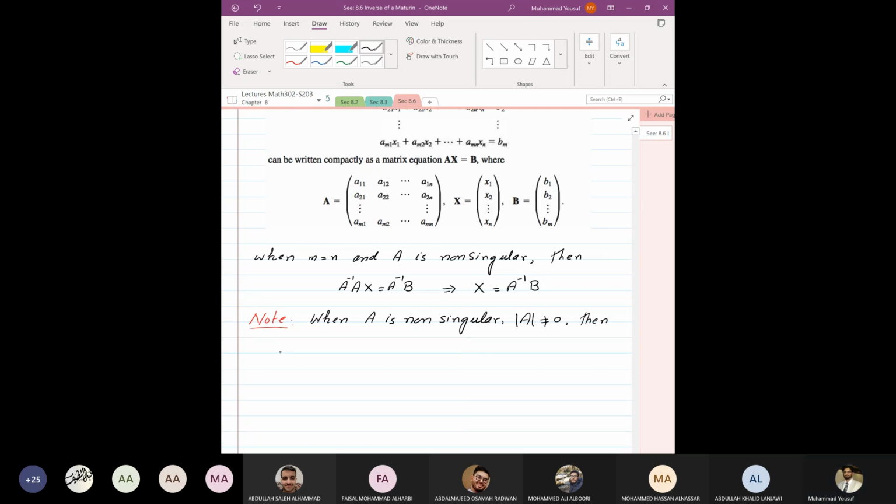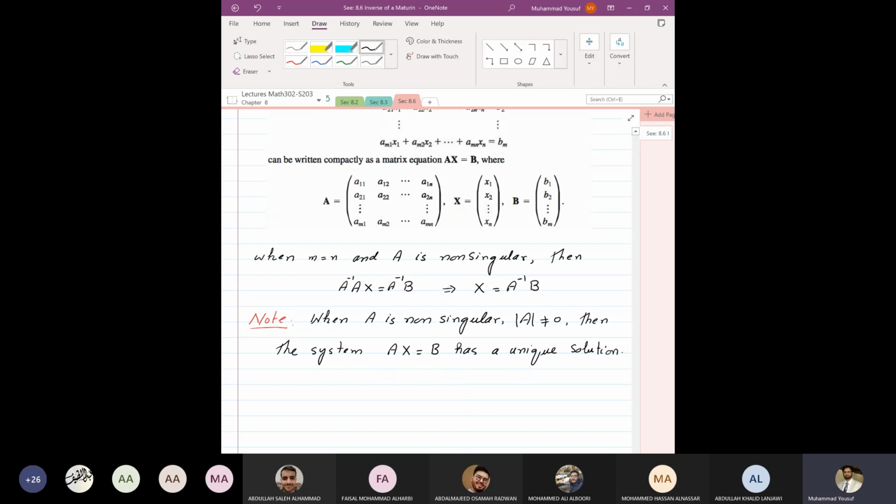Then this system AX equal to B has a unique solution. We have seen before that sometimes a system has one solution or infinitely many solutions.